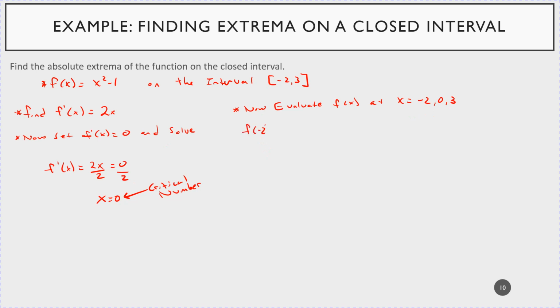So f of -2 is -2 squared minus 1, that's 4 minus 1, which gets me 3. F of 0 is 0 squared minus 1, which gets me -1. And f of 3 is 3 squared minus 1, which gets me 8.